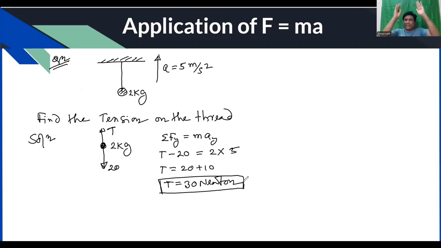But as it is accelerated, the tension becomes more, 30 Newton. If you increase the acceleration, the tension will increase again. And sometimes it may break if it cannot tolerate this much tension. That is called breaking stress, at which the thread breaks.